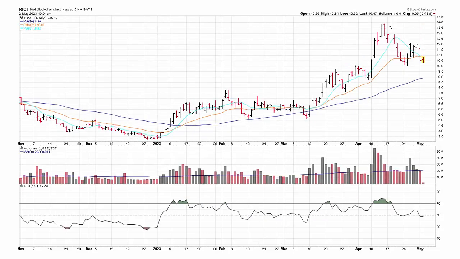Last one, Riot Blockchain. Okay, stock trending down November, December, trending down. RSI breaks a trend line, comes out of overbought territory, and moves up, as you can see. Then we have other buy signals along the way, like there's a trend line break as RSI trades in a little falling rectangle pattern.